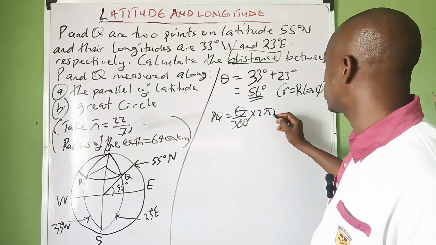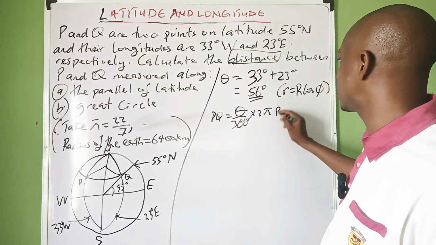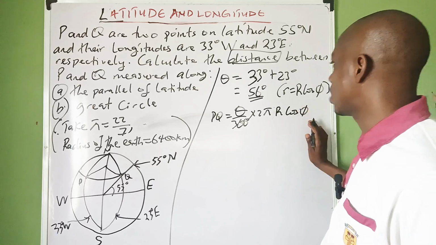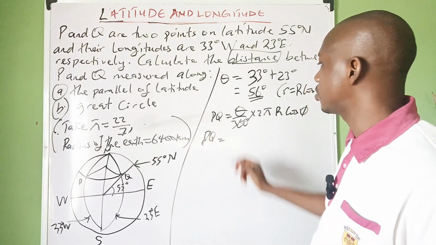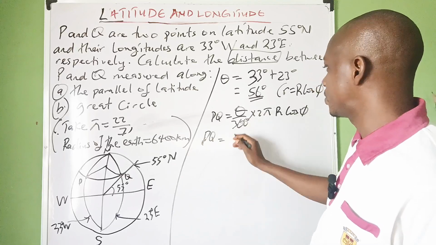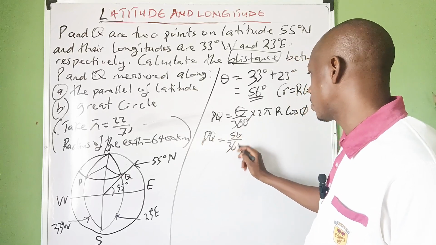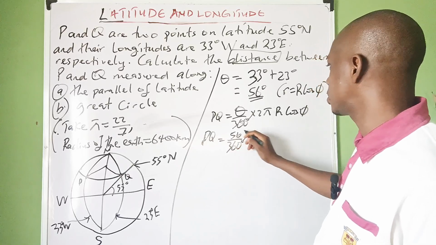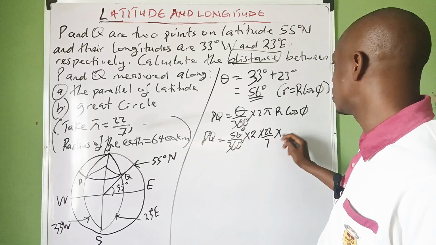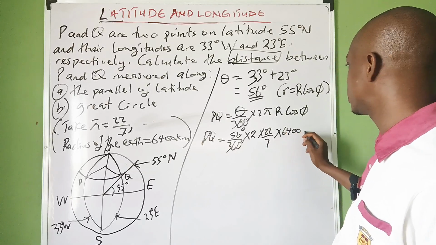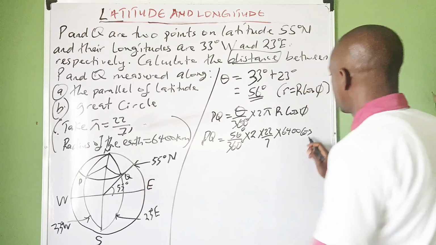So let's substitute. Instead of small r, we are going to write big R cos alpha. Now our PQ distance is equal to 56 divided by 360 times 2 times 22 over 7 times 6,400 cos 55.